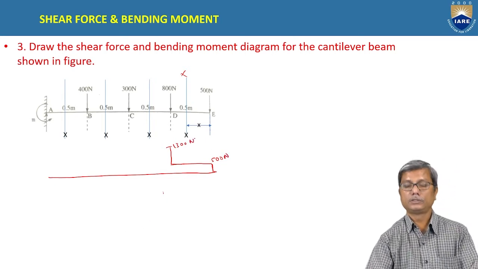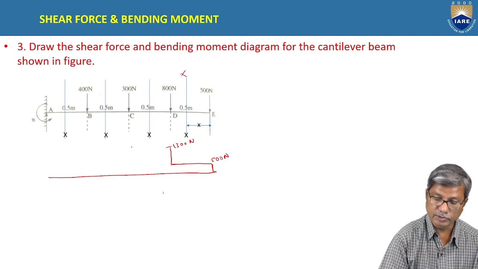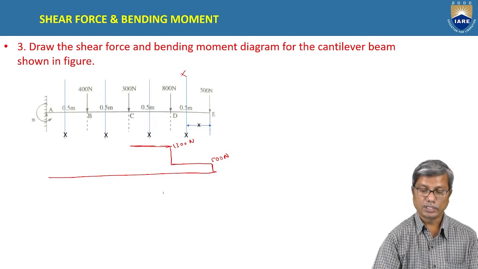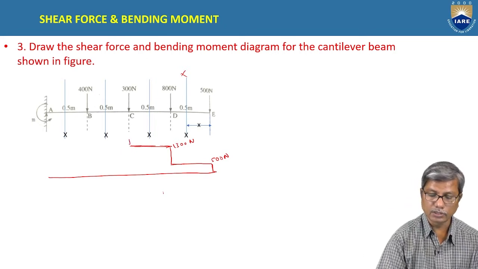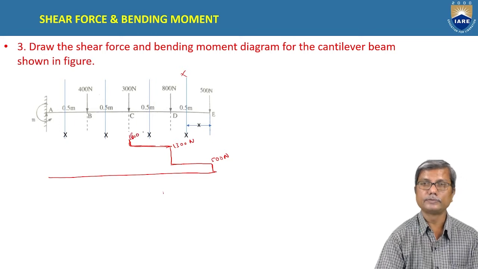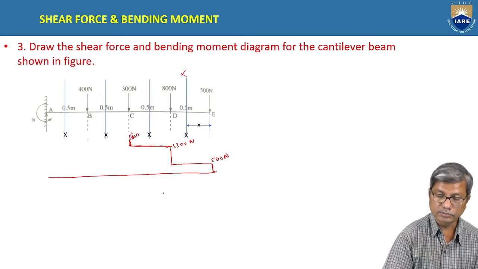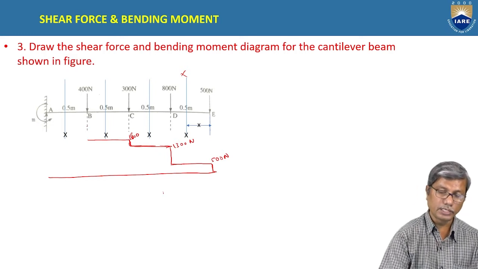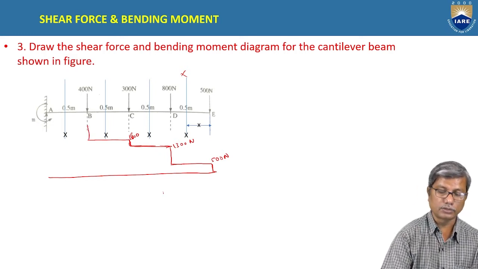The load is in newtons. And this will be same between C and D. And there is again an increase in the value by 300 at C. So total is 1300 plus 300, 1600 newtons, which remains same between B and C. And at B, there is again an increase in the value by 400.